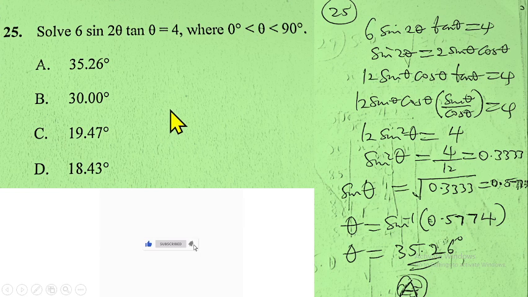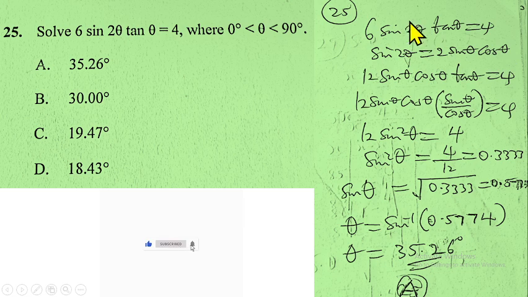Question number 25 is from trigonometric ratio of compound angles. We are given to solve 6 sine 2 theta tan theta equals 4, where theta is from 0 to 90 degrees. So we have to solve 6 sine 2 theta times tan theta equals 4.